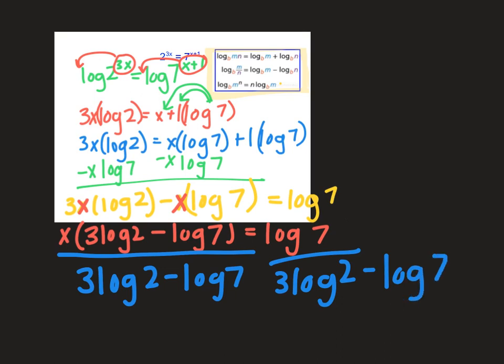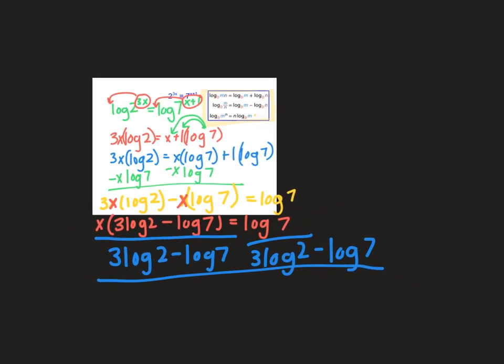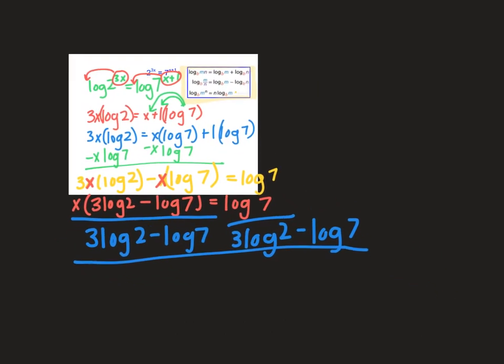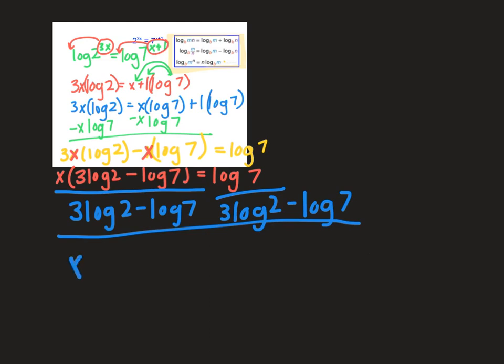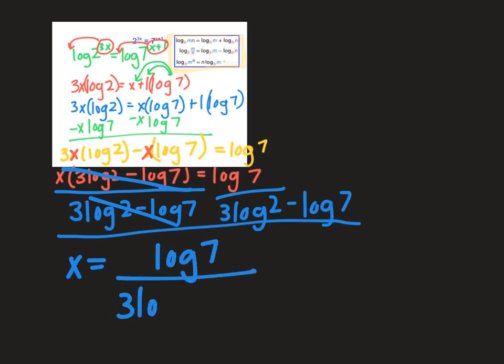And for our final answer, x equals, again, these guys canceled, log of 7 divided by 3 log of 2 minus the log of 7.